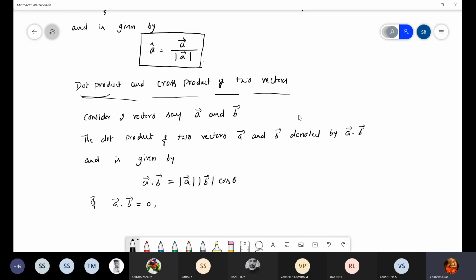Perpendicular or orthogonal, both are same. Then we say that the two vectors are perpendicular.